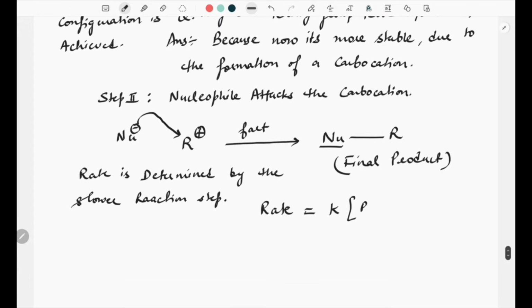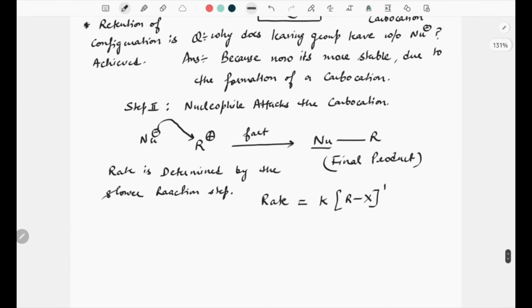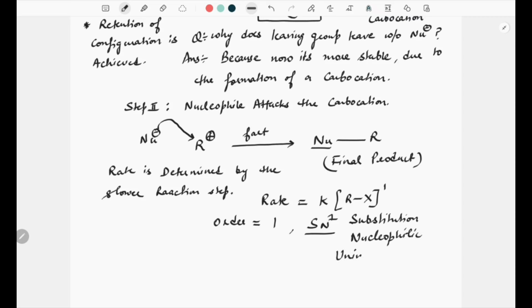So rate becomes K into RX. Since the order is 1, we term this mechanism as SN1, substitution nucleophilic unimolecular. Unimolecular indicates that the order of this reaction is 1.